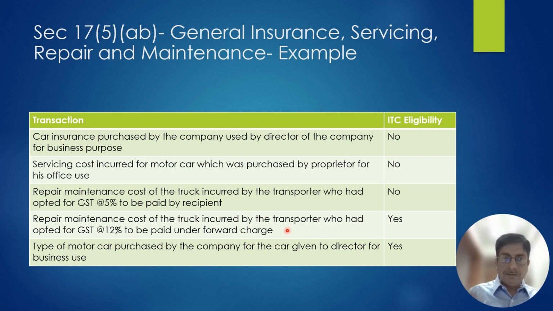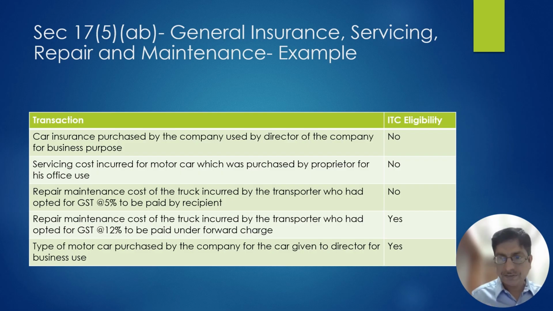Last example, very important example. Tires purchased by the company to be used in a car which is used by the director of the company. Now see, what is this entry? This entry is relating to general insurance, services, repair and maintenance.